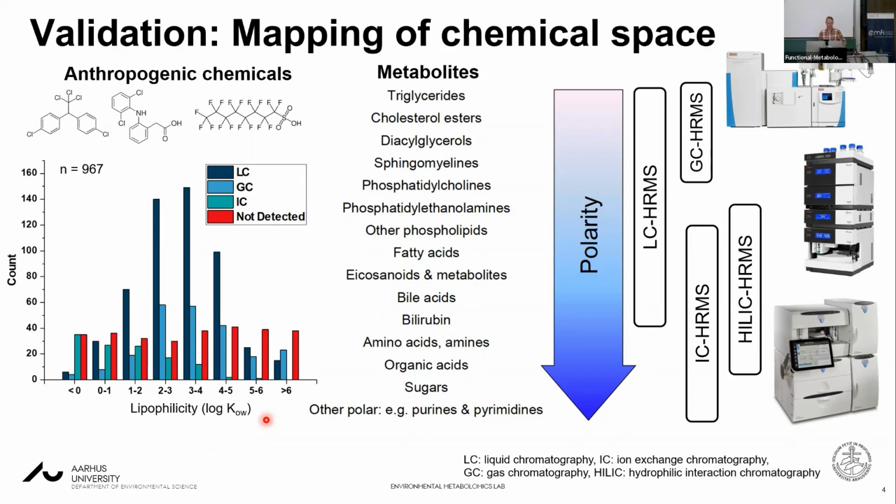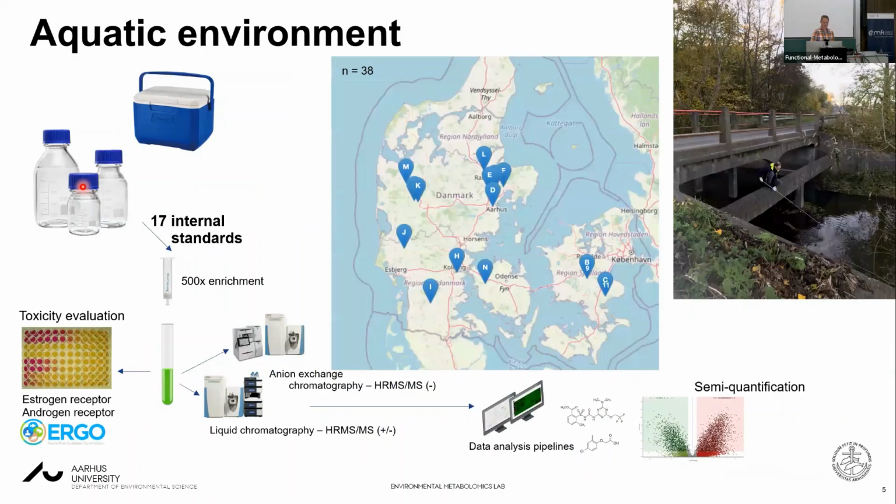What it actually showed when we spiked nearly 1,000 compounds into a bottle of water was that you have to use different platforms to capture the entire chemical space. And this is what we are doing. We are combining the different platforms to do a proper characterization.